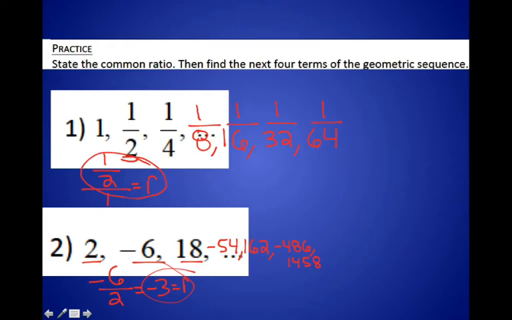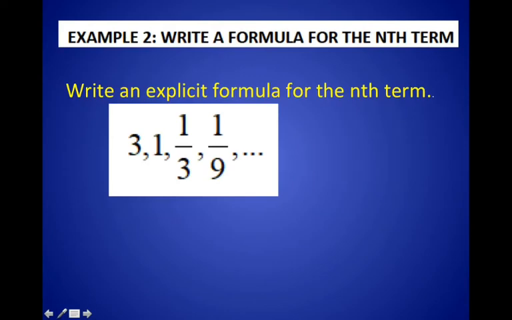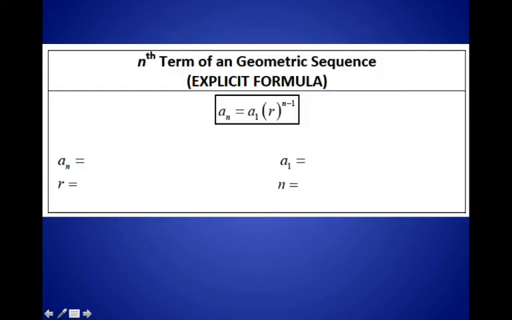Alright, now let's look at the actual formula like we did yesterday for an arithmetic sequence. So this is the formula. Sorry about that. This is the formula. It's a sub n equals a sub 1 times the common ratio, and that's raised to the n minus 1. So make sure you see that little n minus 1 as an exponent.